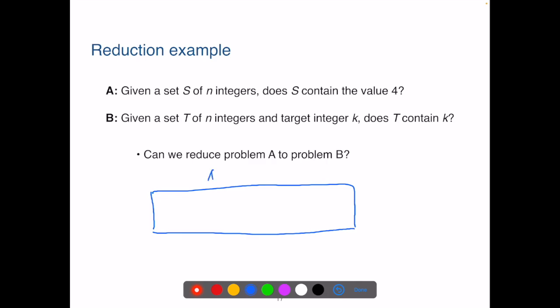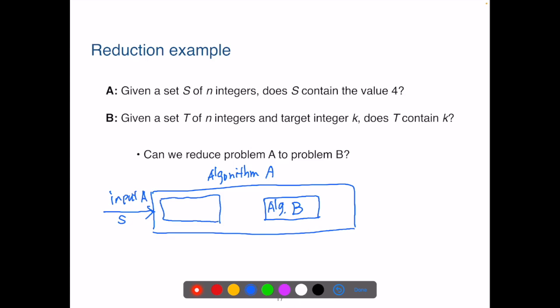We need to find an algorithm for A. We try to reduce A to problem B. Let's say we have an algorithm for problem B. And what we need to do is, given an input for A, so that will be a set S, can we convert it into an input instance to algorithm B?